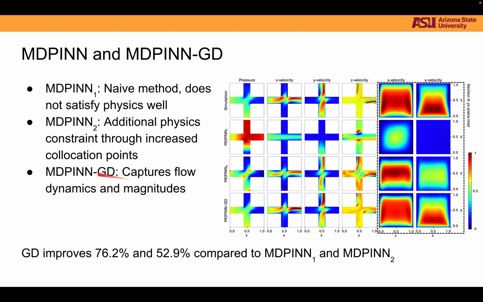However, with global dynamics, we can take the settings used for MD pin 1 and add just an additional loss term, and we're able to get a much better approximation compared to the simulation results. Shown at the bottom, the global dynamics method improves by 76.2% and 52.9% compared to MD pin 1 and MD pin 2.